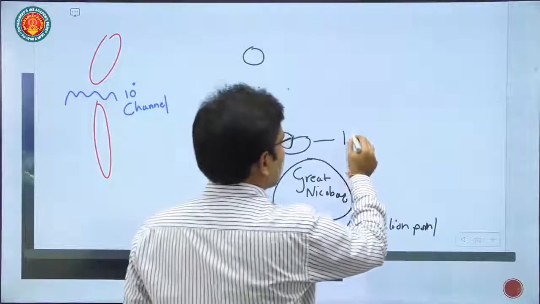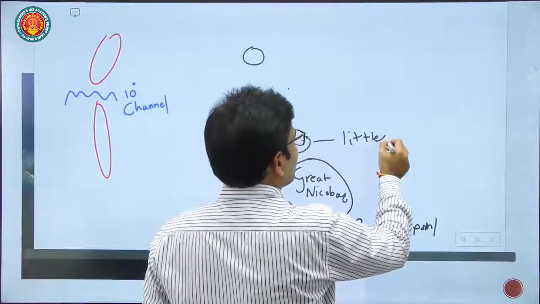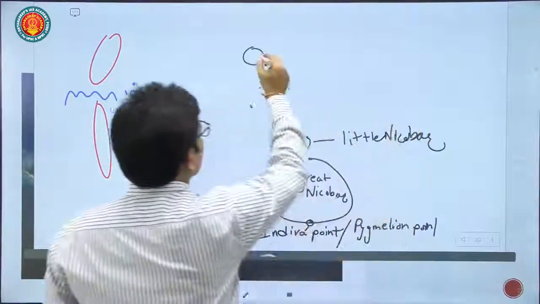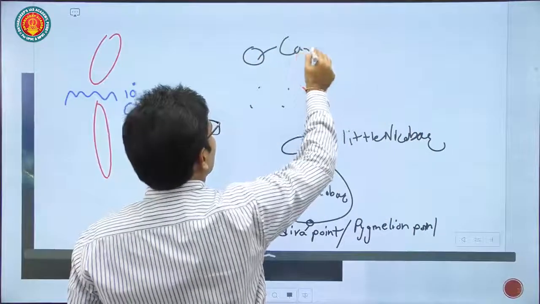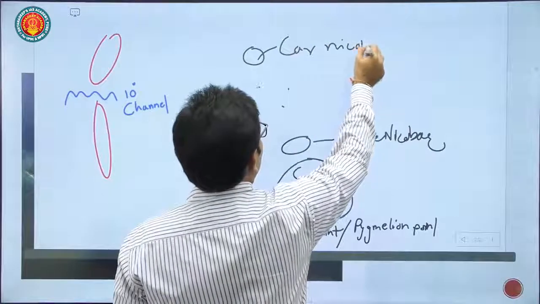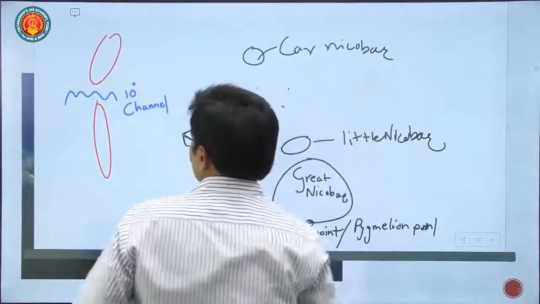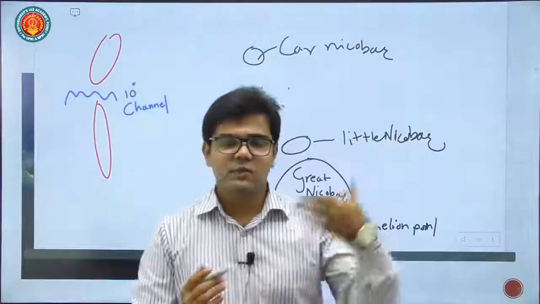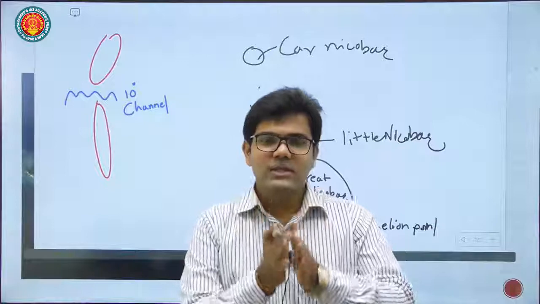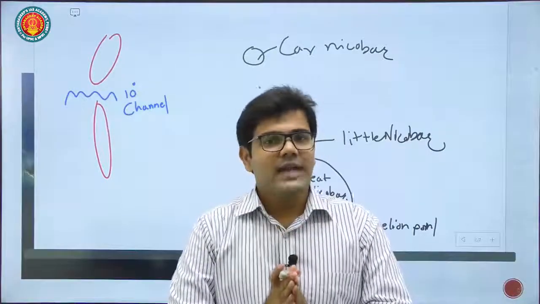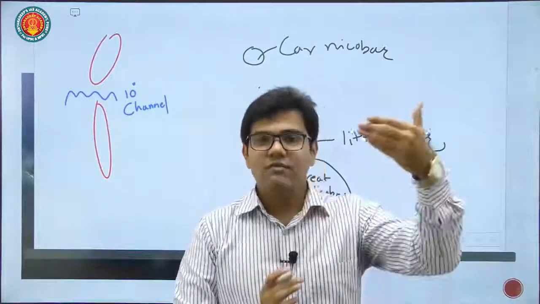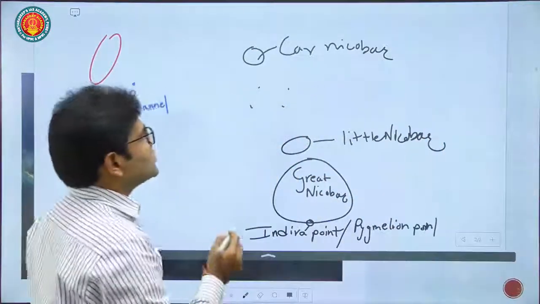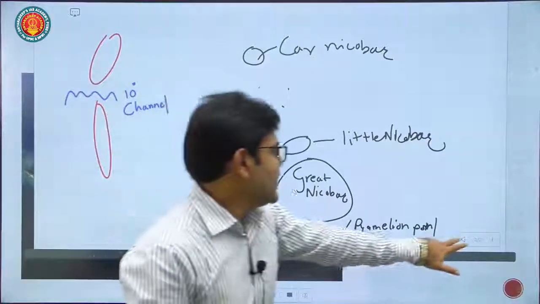This is Little Nicobar, and here, this is Car Nicobar. You can see the 10-degree channel is present between Andaman and Nicobar. But if you see in detail, the 10-degree channel is actually present between the islands of Little Andaman and Car Nicobar. That you should remember.